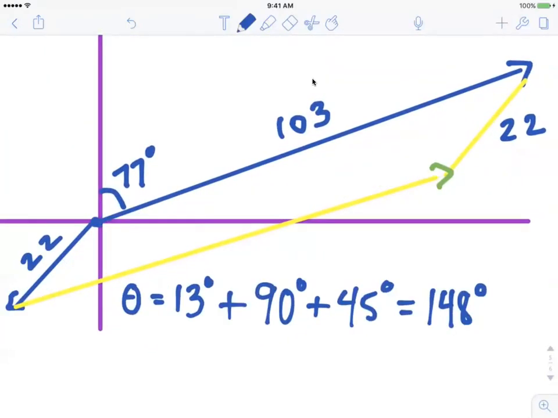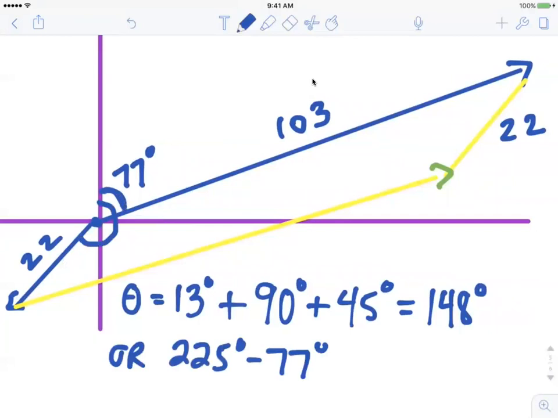Another way to do it is to just subtract the bearings, because you know that this bearing is 225. We could do 225 minus the 77, and that should give you this angle right there. So that would also be 148.